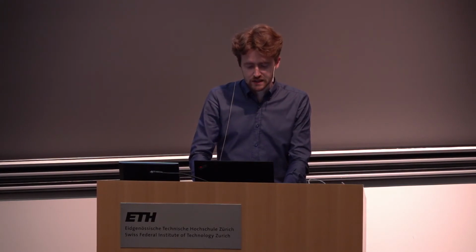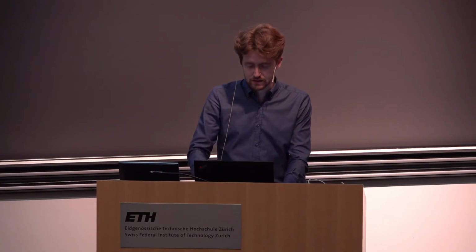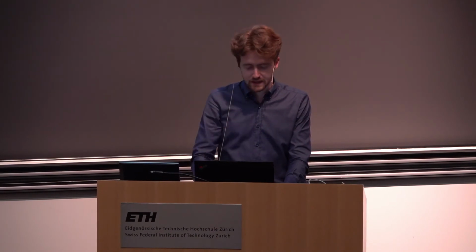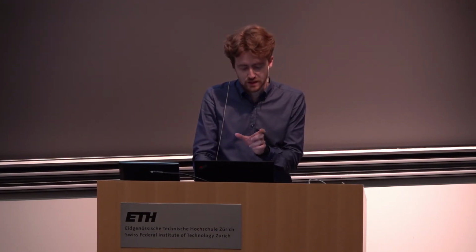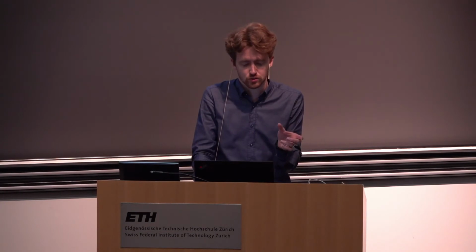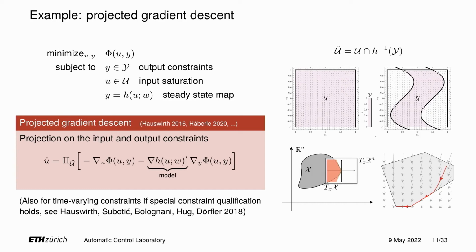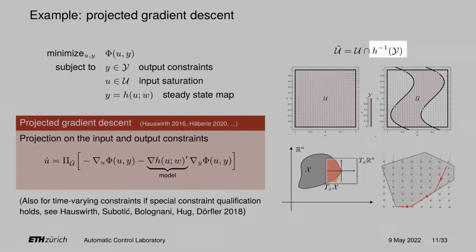Now, what's a bit tricky here, and it's been covered a little bit before, is that when you try to implement this as a discrete time system, you need to specify how this projection is going to actually happen. For two reasons. First, because this is in continuous time and we need to discretize it. And second, because this requires a piece of model information that we don't want to have, namely the inverse map of the steady-state map of the system.